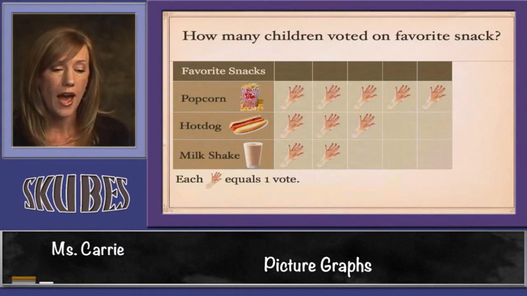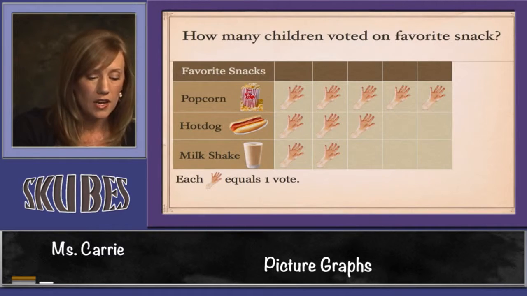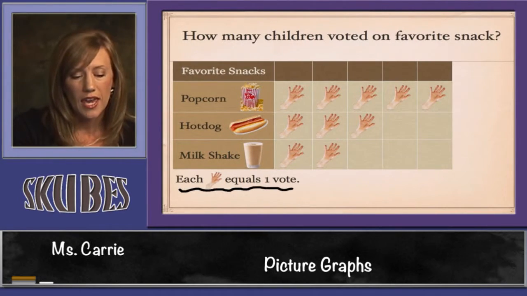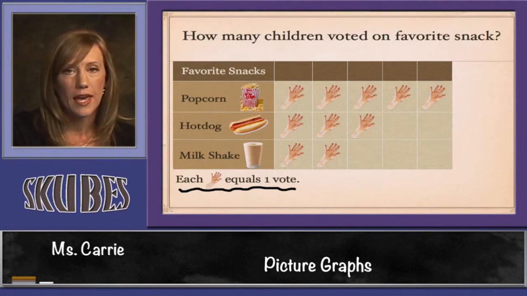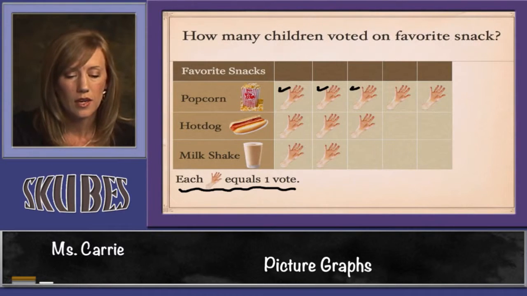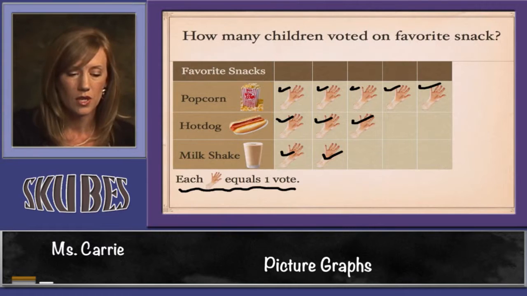Let's look at a different graph. This graph is about kids' favorite snacks. And if you look at the very bottom, it says that each hand equals 1 vote. So for popcorn, let's count up how many votes there were. There are 1, 2, 3, 4, 5. Hot dogs had 1, 2, 3 votes, and milkshakes had 1, 2 votes.